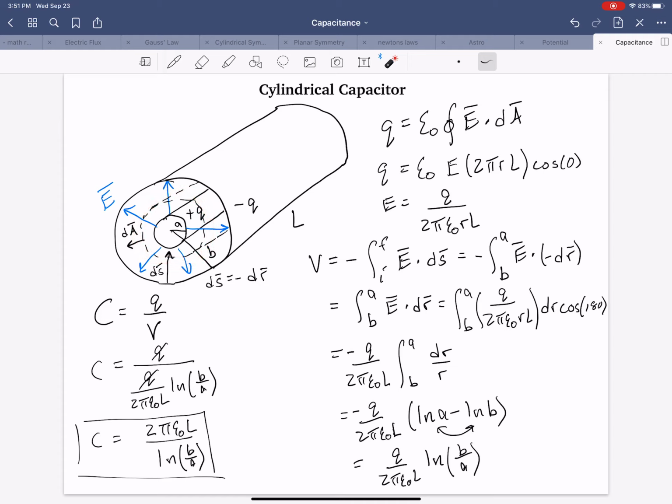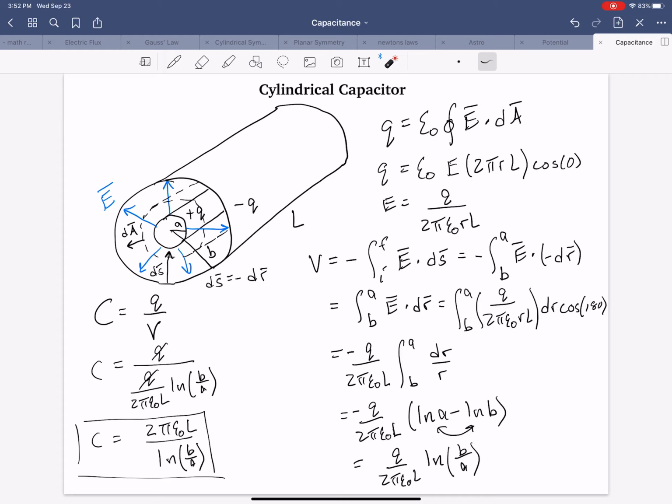Well, that's effectively taking the value for A and approaching the value of B. If A equals B, that's log of, say, 1. Log of 1 is 0. So in other words, as A approaches B, the log value decreases and the capacitance increases, which should make sense as well, because if the plates get closer together, it is easier to release the charge. The electric field is stronger and the potential is stronger. Okay, so that agrees with intuition as well.